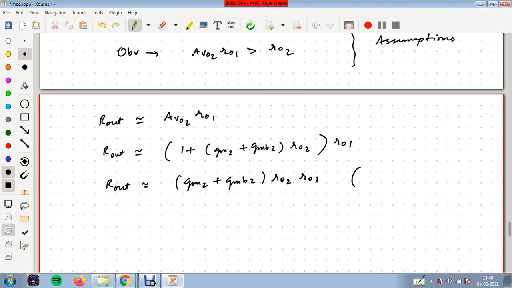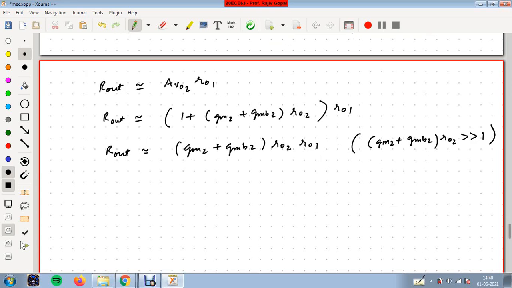The assumption here is that GM2 plus GMB2 into R02 is greater than 1. Why I'm making all these assumptions, you'll get to know shortly.